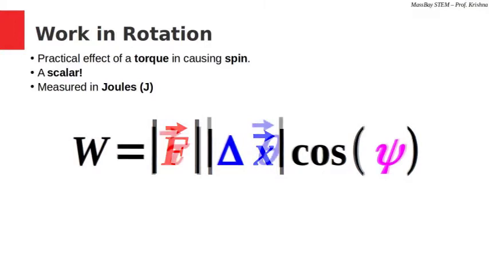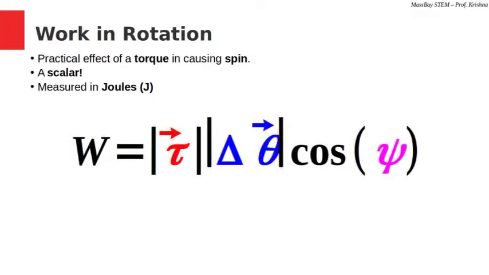The rotational version of force is torque, and the rotational version of displacement is angular displacement. That gives us work equals size of torque times size of angular displacement times the cosine of the angle between them. For our purposes, we will only examine two possible values for that angle.